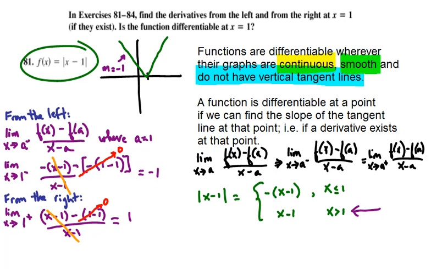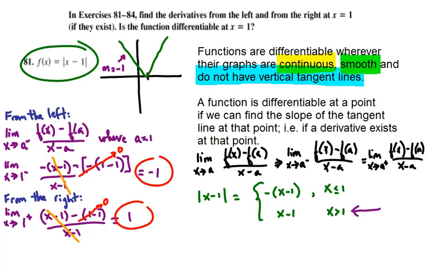So you can see that the two limits, the left and the right side, do not agree. They both exist, but they have different values. And because of that, there is not going to be a smooth transition from the left side to the right side at x equals 1. And we can see that clearly in the graph. As we approach 1 from the left, we have a negative slope, and as we approach 1 from the right, we have a positive and constant slope.